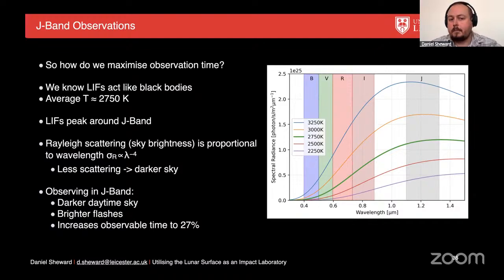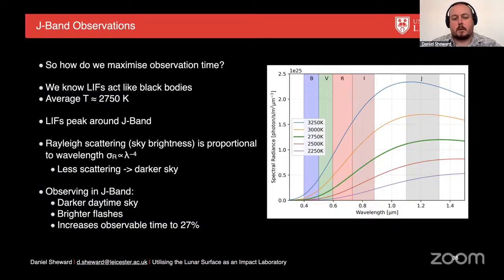So we know from earlier that flashes behave like black bodies. And from temperature measurements, we know that the average temperature is around 2,750 Kelvin, which means that the peak emission from these impact flashes is typically around J band. And Rayleigh scattering, the reason why the sky is bright and the reason why we can't observe during the day, is wavelength dependent.